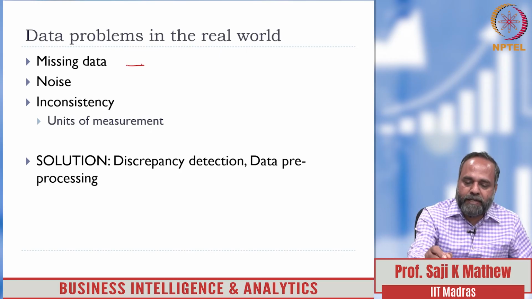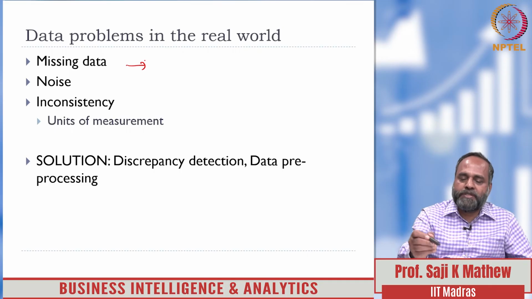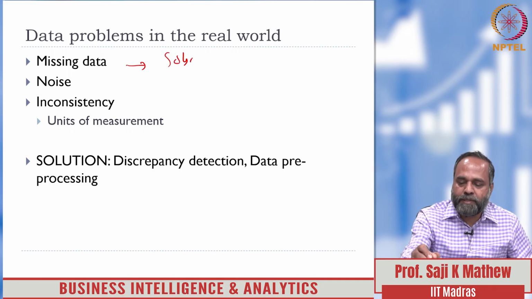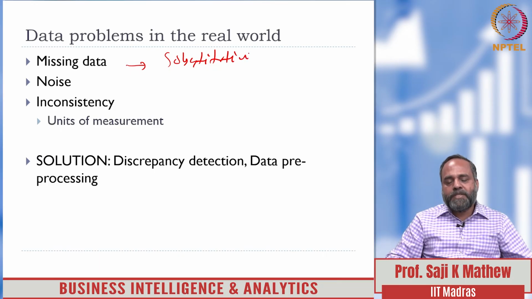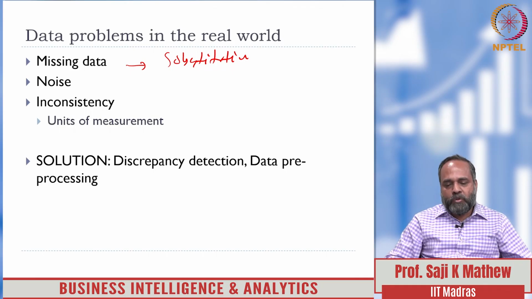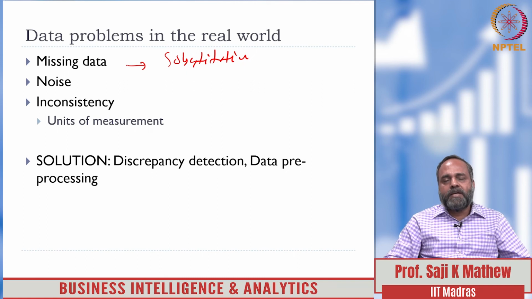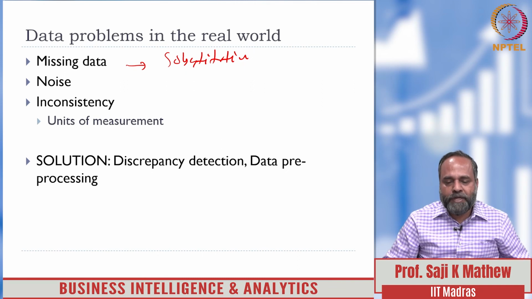Missing data: there are techniques for addressing missing data. One is missing data substitution, depending on the extent to which data is missing. You can substitute with the average of the neighbors or the average of the row, etc. There are different techniques that are recommended in textbooks on data preparation for data mining.